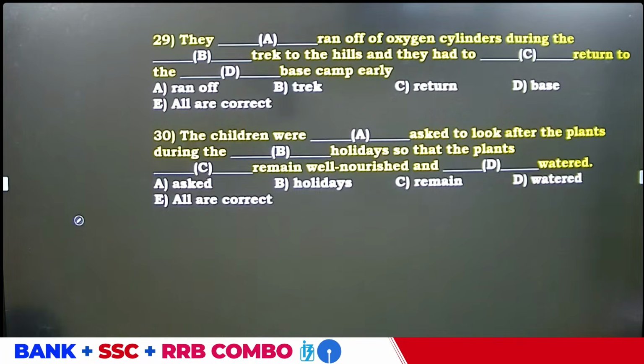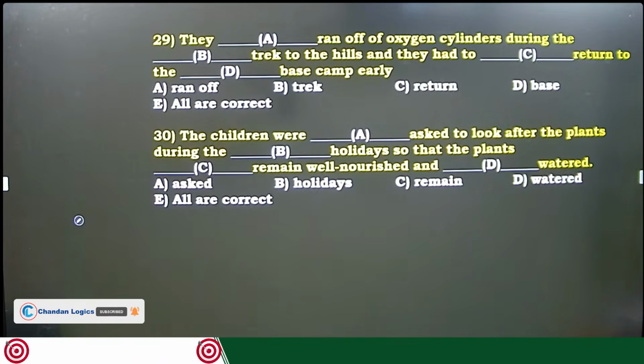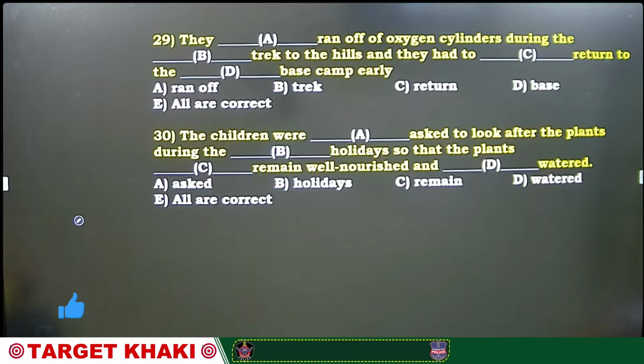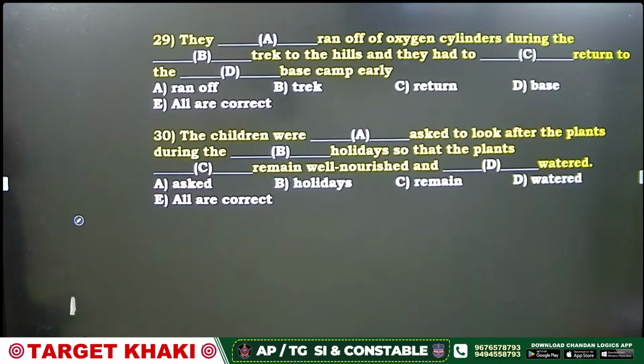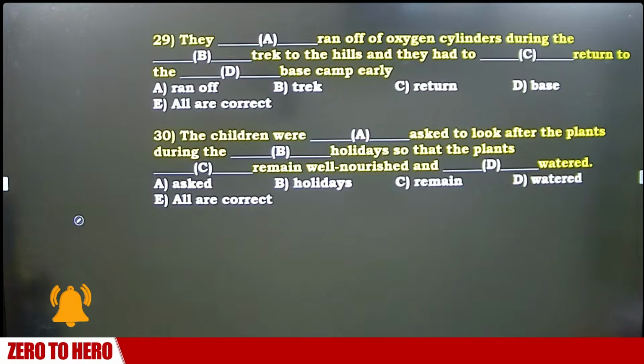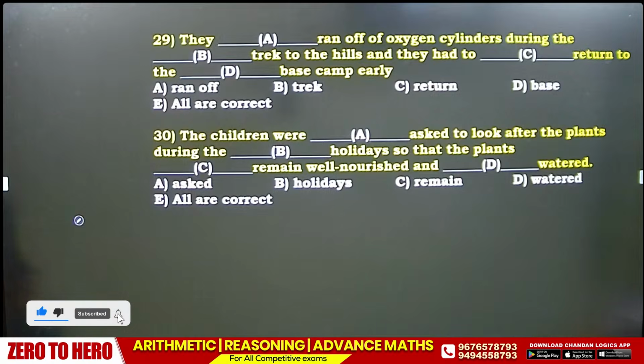29th answer. The dash of oxygen cylinders during the trek to the hills, and they had to return to base camp early.